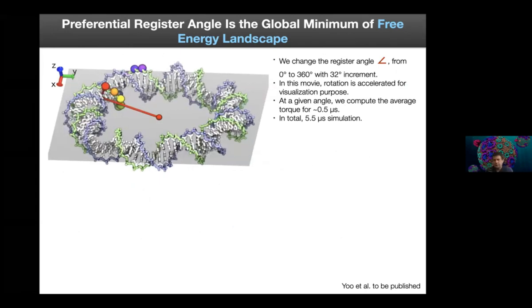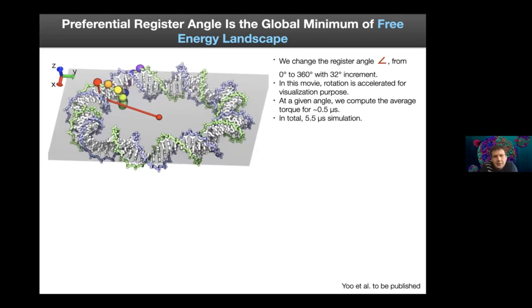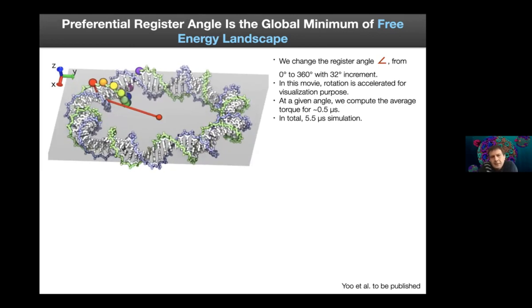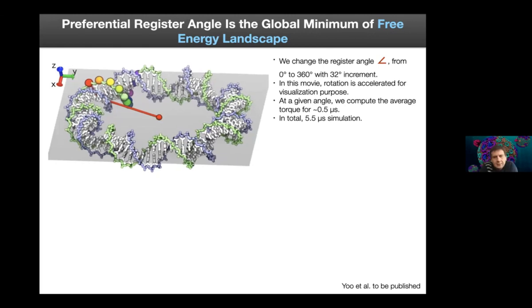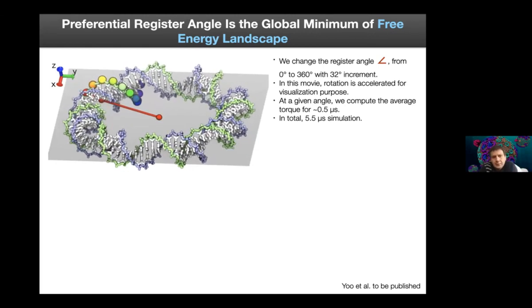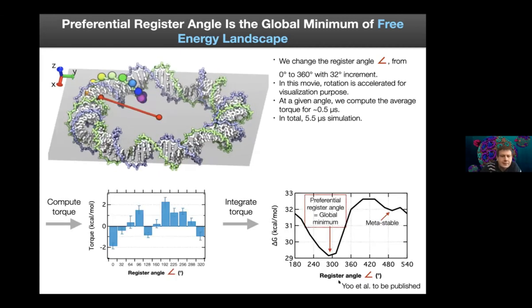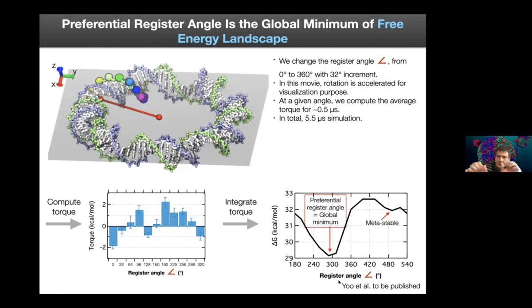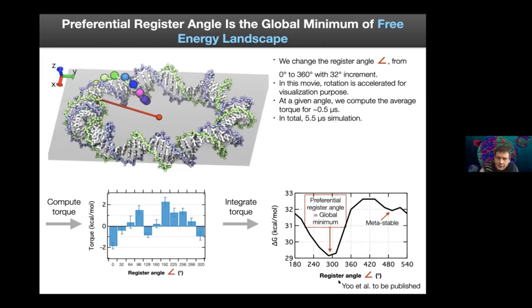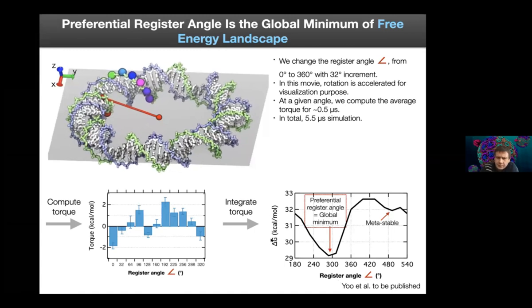We can compute the free energy for this inside-out transition. If you're interested, you can ask me how we did it, but basically we measured the torque required to maintain a certain poloidal angle, and then we integrated the torque to get the free energy for this inside-out transition. So that's what we have here. Don't worry about the scale of the axis.